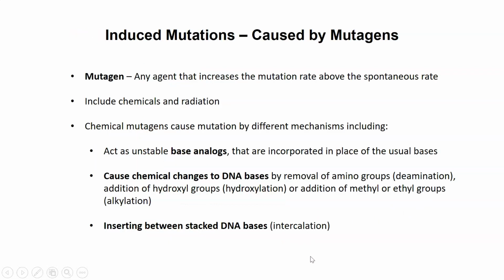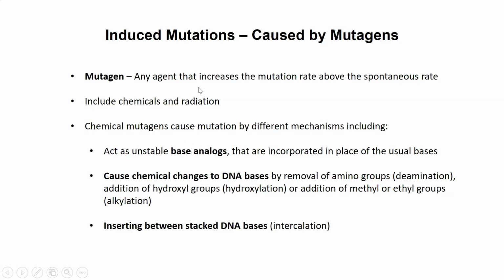First of all, induced mutations. So these are mutations that occur at a higher rate than the rate of spontaneous mutation. And that's because they're occurring in response to exposure to some mutagen. A mutagen, by definition, increases the mutation rate above that of the spontaneous rate.